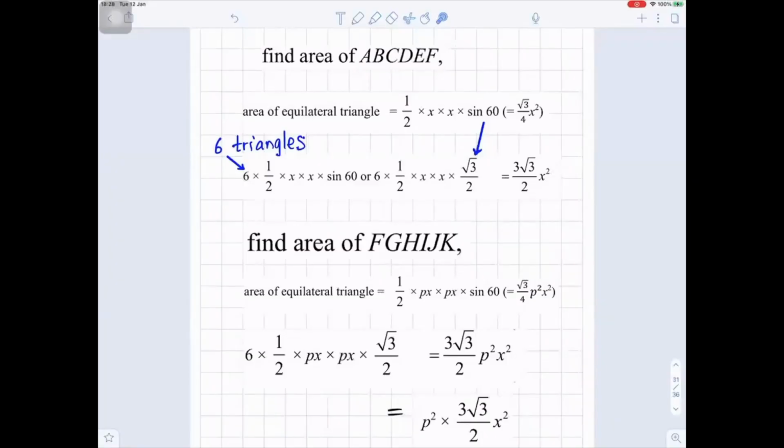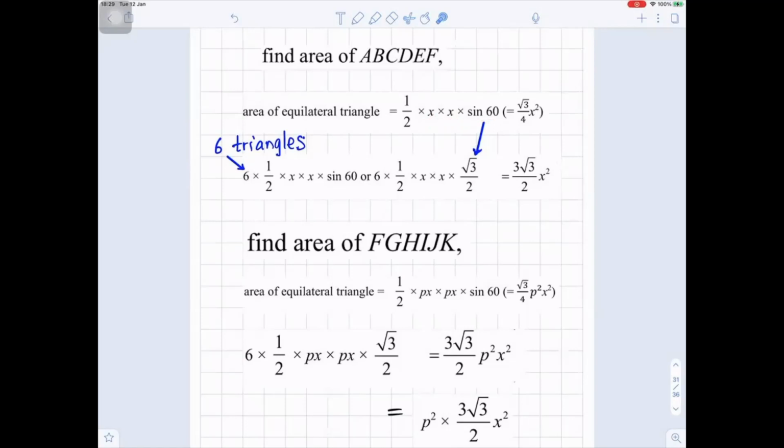So we want to find the area of ABCDEF. Now we want to find the area of that equilateral triangle. To find the area of a triangle, given two sides, it's half times the two sides times sine of the angle between them, and that angle is 60. So half times x times x times sine 60.